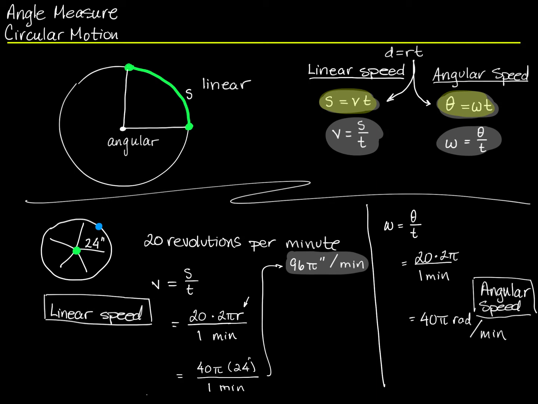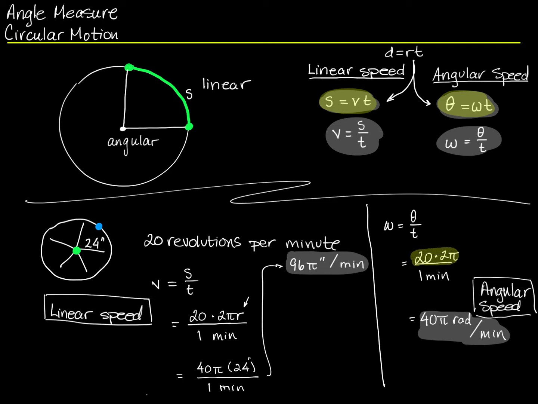So this is the answer to what is the angular speed of the bug. This was the answer to what is the linear speed. So as you can see, these two are very different answers. First of all, this one's in radians per minute, and this one's in inches per minute. But also notice that there's a similarity. It's almost a shortcut.